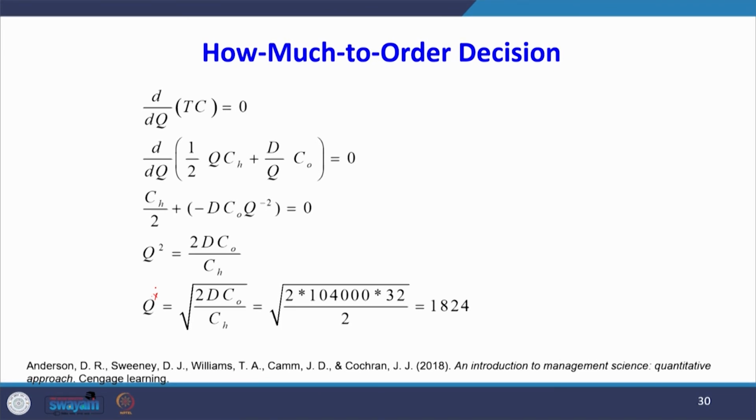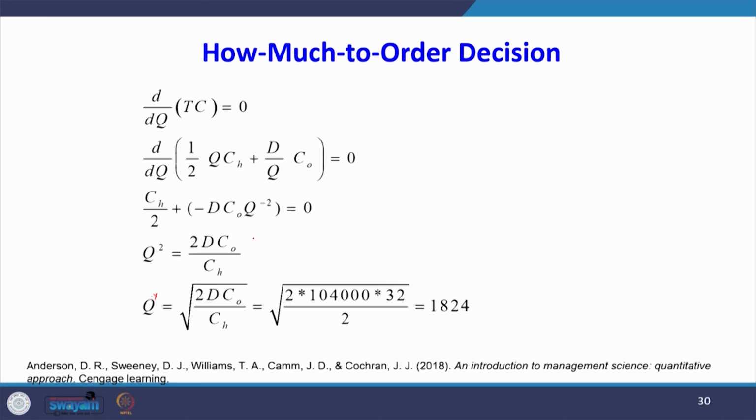So, what we have to do? The total cost expression we have to differentiate with respect to Q and equate it to 0. The total cost expression is (1/2) Q C_H plus (D/Q) C_0 is equal to 0 after differentiating. When you differentiate, it is Q, so it will be only C_H by 2, plus the differentiation of 1 by Q, which is minus 1 by Q square, that I have written as Q to the power minus 2.